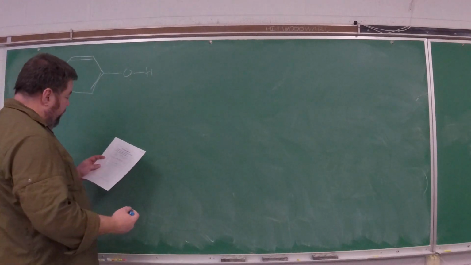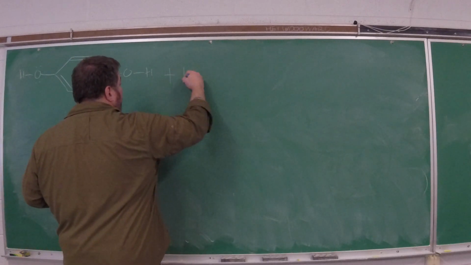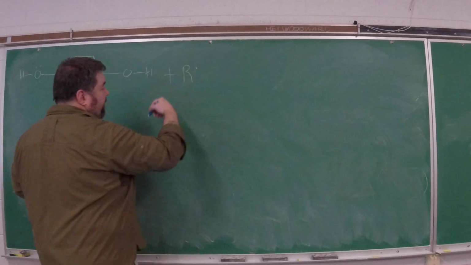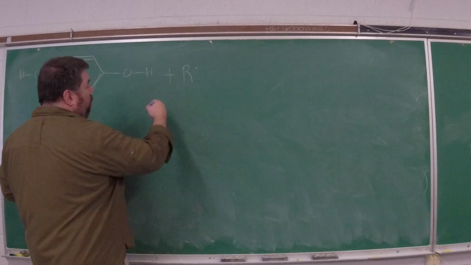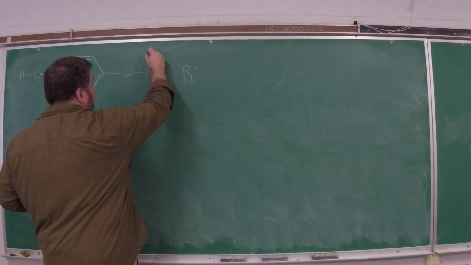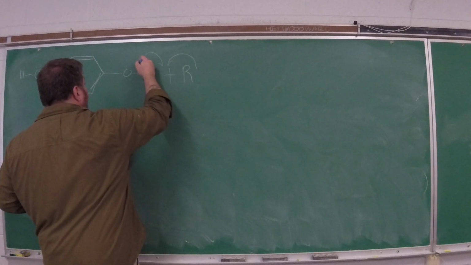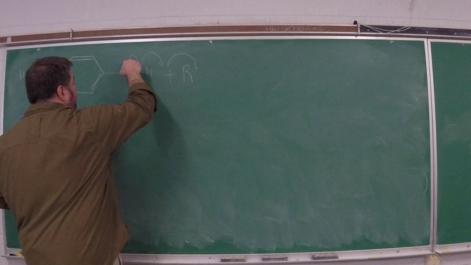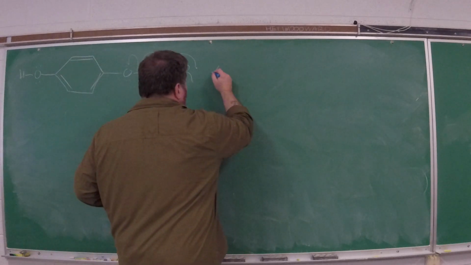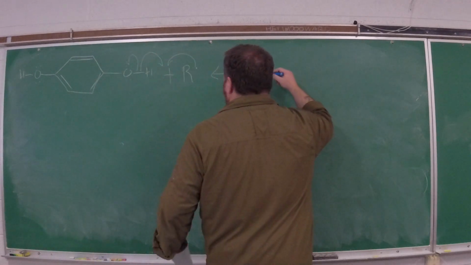I'll show you how it works here. So we can say we have our free radical here. In this case, some form of carbon, right? We're going to have a hydrogen abstraction. And we end up with this.